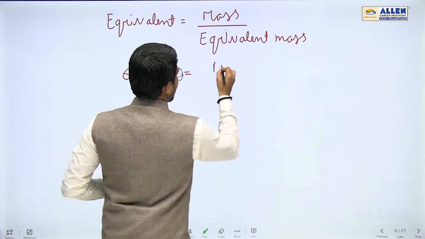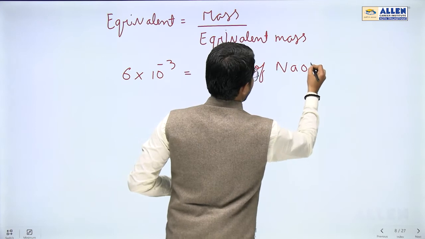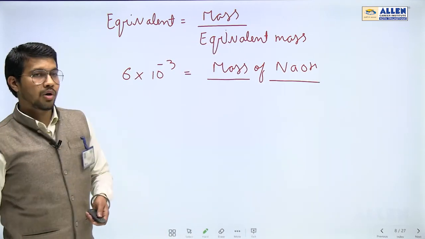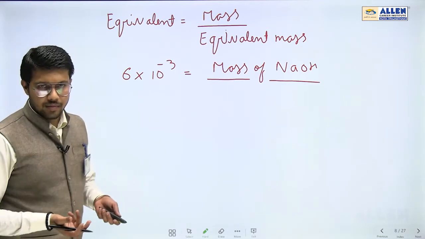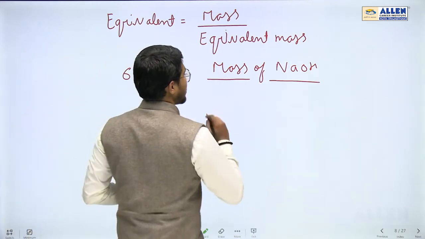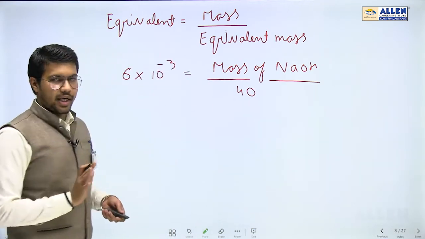Now mass of NaOH, whole divided by equivalent mass. So equivalent mass of NaOH is molecular mass upon valency factor. Now valency factor for NaOH is 1 and molecular mass of NaOH is 40. So I'll simply write 40 here.